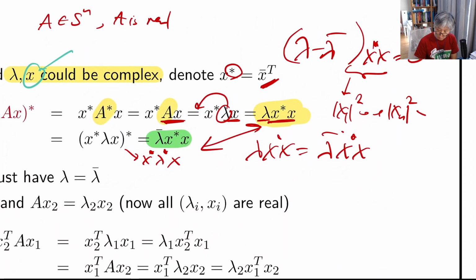This is bigger than 0. Your eigenvector is never 0, so x star x is never 0. This is 0, then it means that your lambda equals lambda bar. All right, that means your lambda has no imaginary part, that your lambda has to be real. And that is the end of the proof why the symmetric matrices have real eigenvalue.